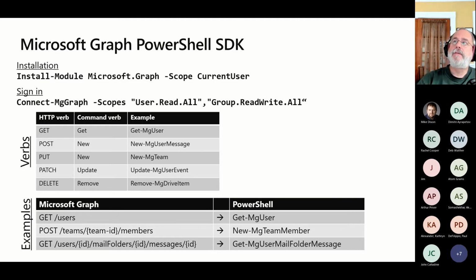If you have team members, for instance, you do have to look up that it's an MG team member. Usually they're pretty easy to guess because it's MG, which is Microsoft Graph, and then the thing. And that's basically it. The help files inside of there are quite good.